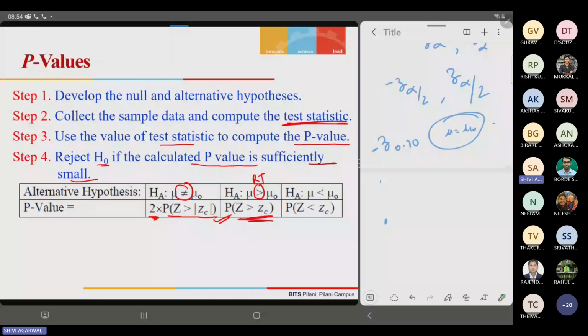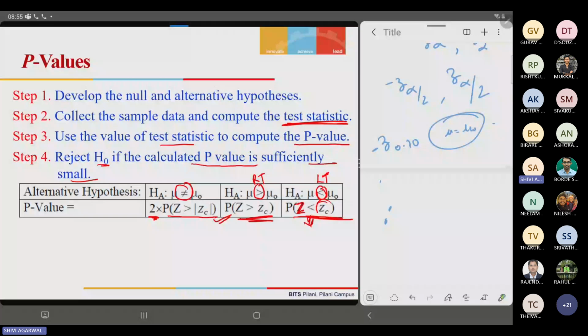Now we talk about the left tail. In the left tail, mu is less than mu naught, and the probability is when Z is less than ZC. That is the p-value basically. This Z is coming from the test statistic, and this is the random variable.